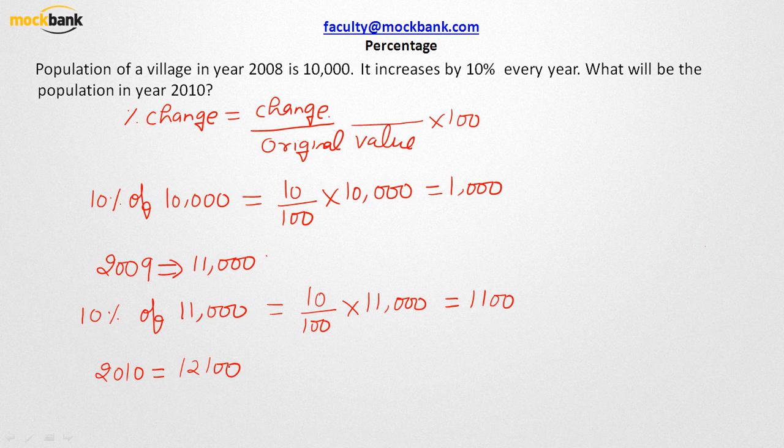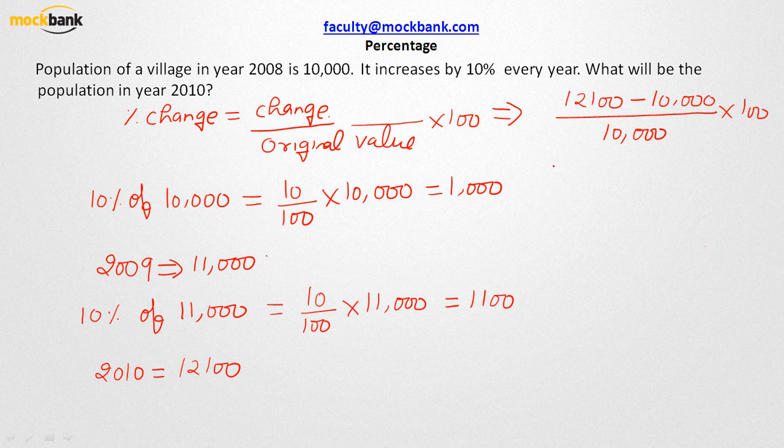Now let us try to find out what is the total percent change in these 2 years. What is the total change? The total change is 12,100 minus the original value, which is 10,000, over 10,000, times 100.